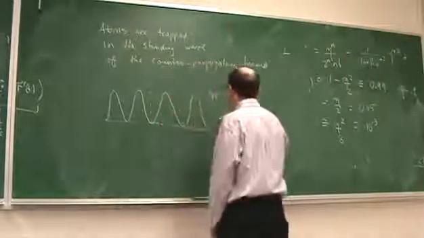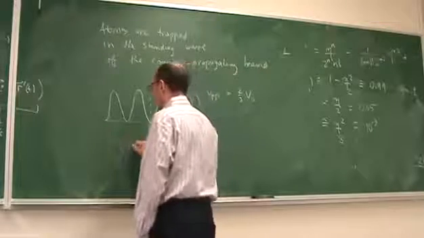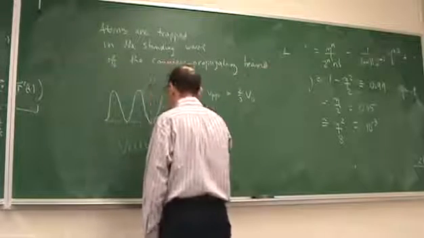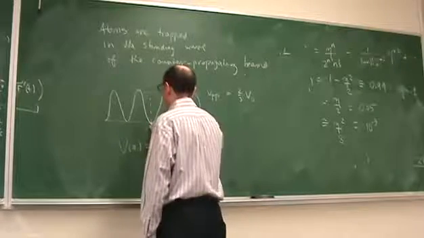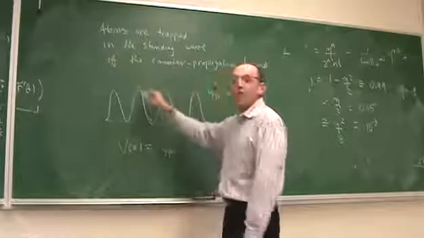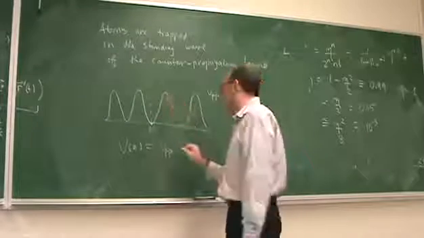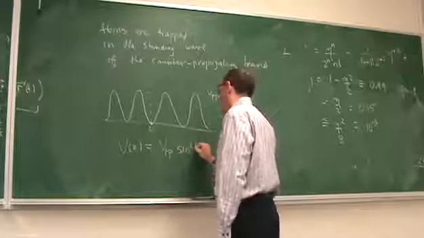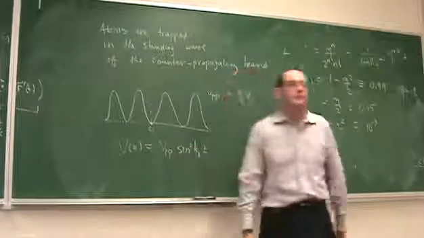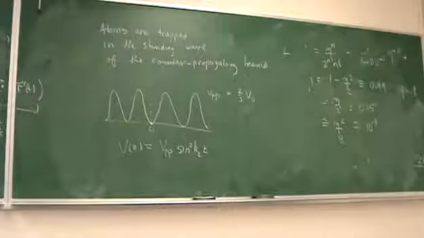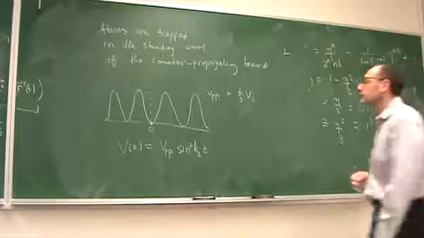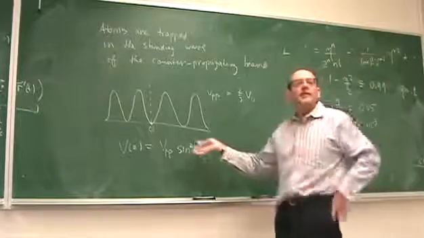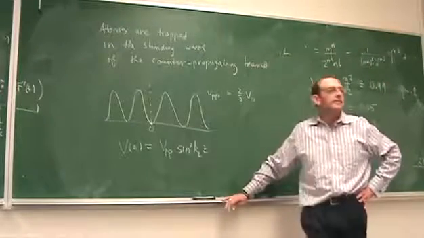So this potential, as a function of z, is equal to, it has some peak-to-peak height, and I'll put the node at the origin, so that it has a well at the origin. So that's sine squared kz, plus a constant if we want it, the overall potential is shifted by some constant. What's the oscillation frequency then? How would I find that?